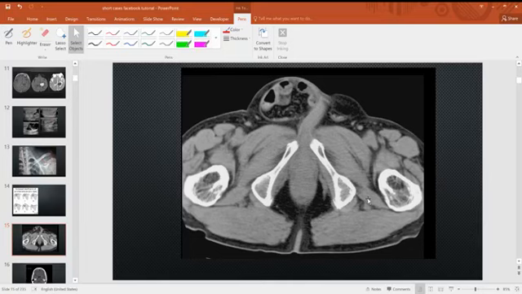Okay, the next case we have this patient. Take 10 to 20 seconds to see what is the diagnosis in this patient.